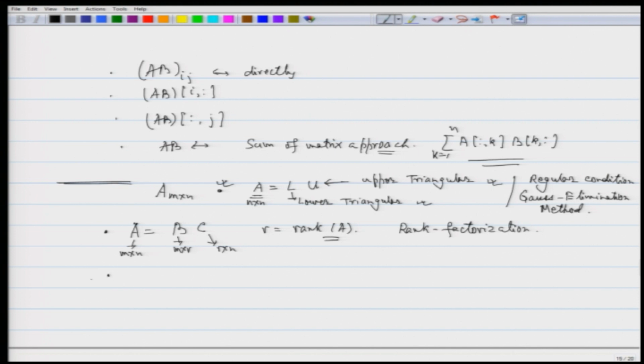The next thing that we are going to learn is writing the matrix A as Q times R. So, if A is m cross n and has rank r, then this Q will be of the size m cross r, this will be r cross n, and this is called QR decomposition.